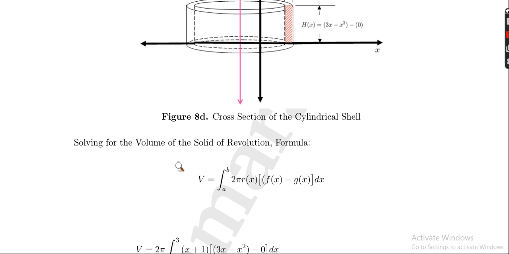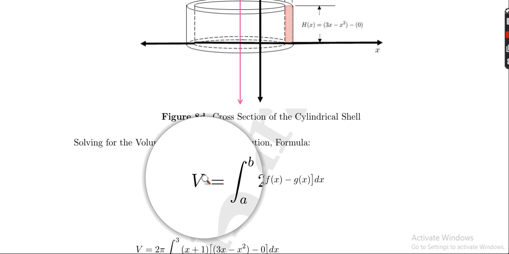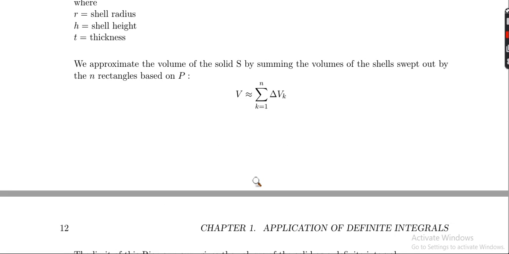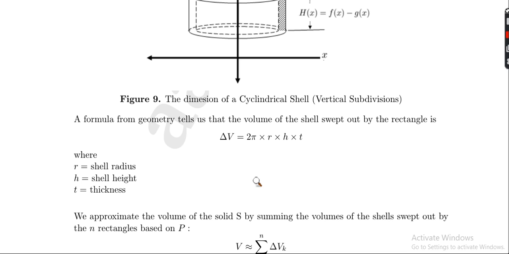Okay, so yung volume na to is actually makikita natin siya ulit from the introduction. So yung volume ng cylinder is given by 2 pi times r, where r is the shell radius, h is the height ng shell, and then t is the thickness ng ating shell.